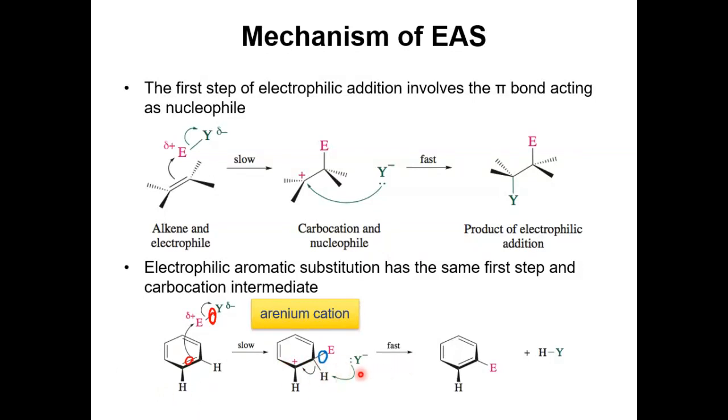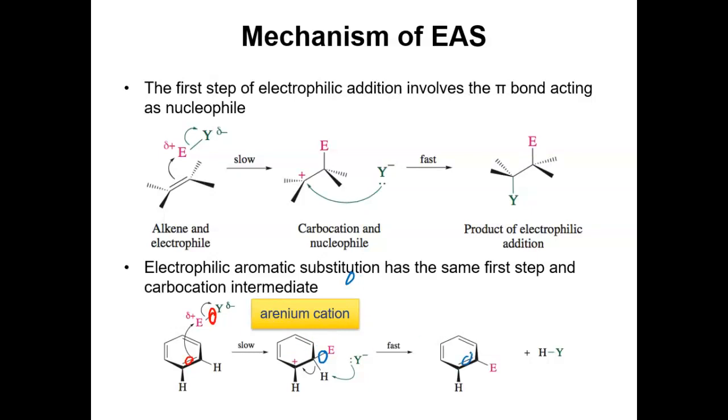Then in the next step, you are breaking the C-H bond and forming the H-Y bond. You also are forming a pi bond. Looking at the next step color coded, breaking bonds are red and forming bonds are blue.